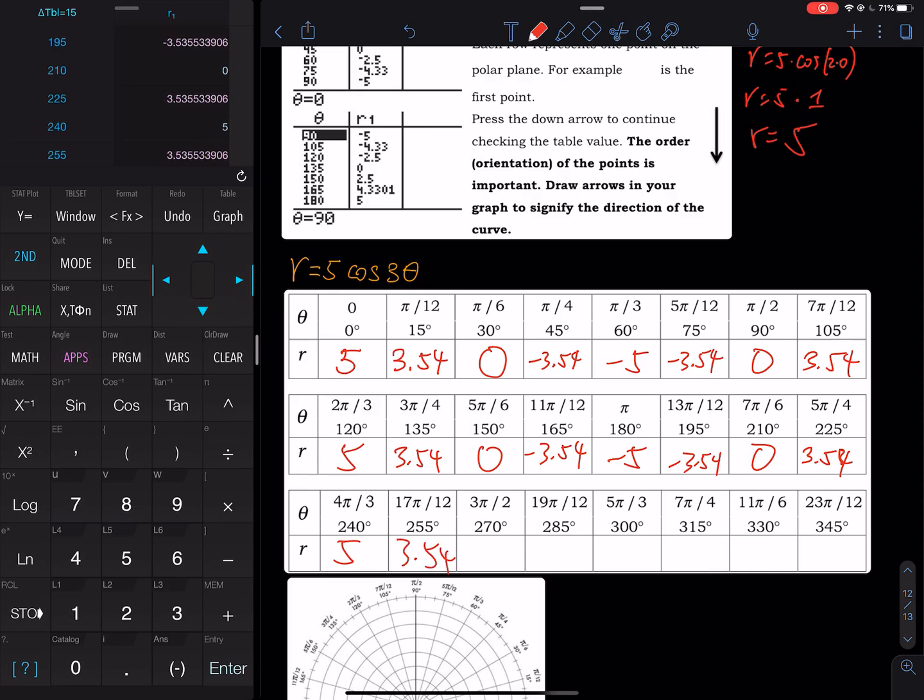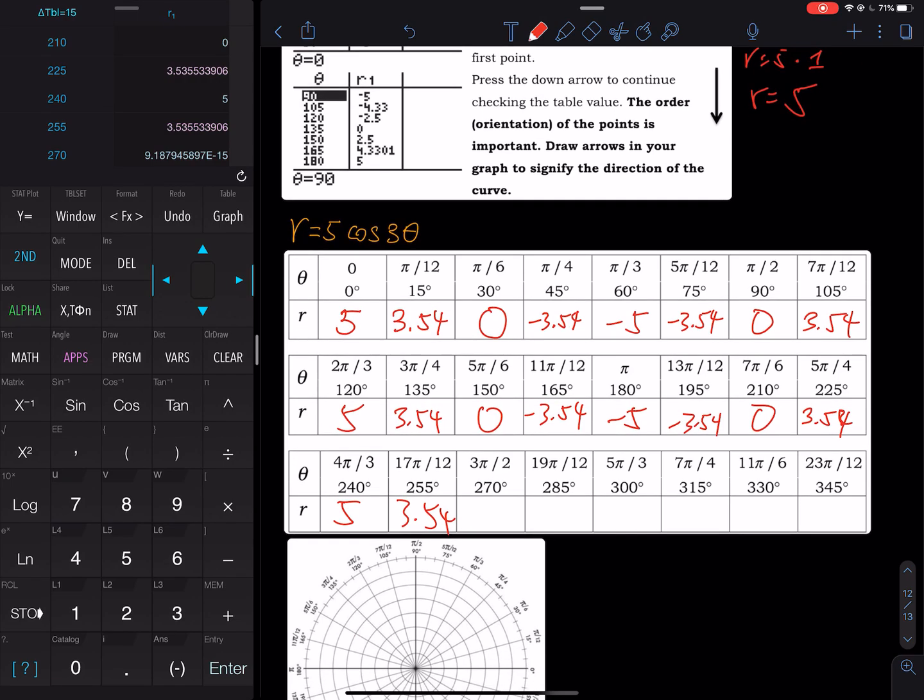And then this one, what is this? This is a 9.18 times 10 to the negative 15. That is scientific notation. When you see this kind of number, that means the r is very close to 0, and using 0 is completely fine. And then the next one is negative 3.54. The next one is negative 5, and then negative 3.54, and then a 0, and then a 3.54.